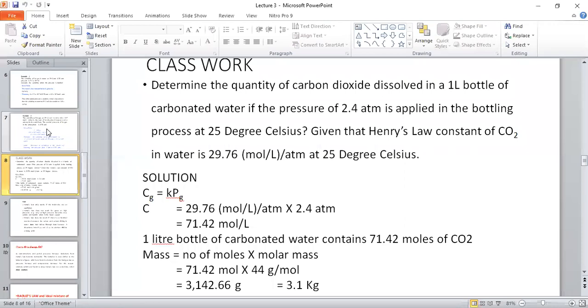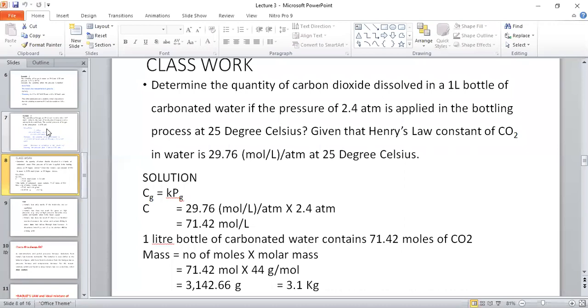There's a relationship that you should know in calculating molarity: mass is equal to number of moles times molar mass.